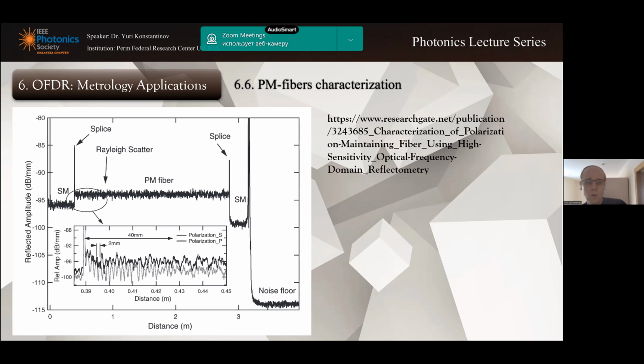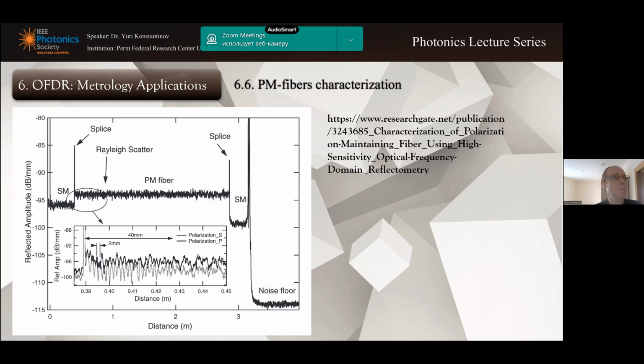And what do the authors of this publication do? They use the conventional metrology setup of the OFDR. They have the polarization controller in one of the arms of the measurement interferometer, and they have the polarization beam splitter and two photodetectors registering two states of polarization, S and P. Then they do zero crossing or some procedure to make the resolution better.